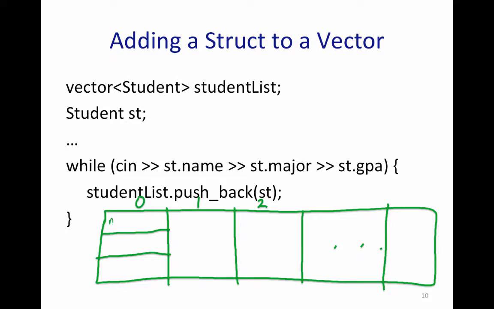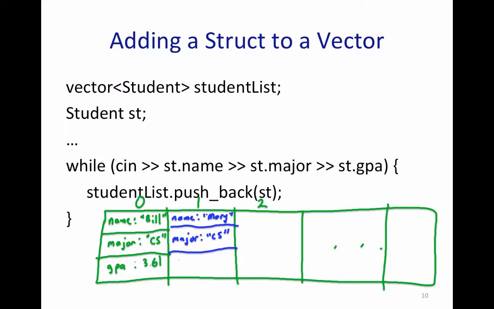In this case, we have name, major, GPA. So the name might be Bill, major might be CS, GPA might be 3.61. Next one: name Mary, major say again CS, GPA 3.8.